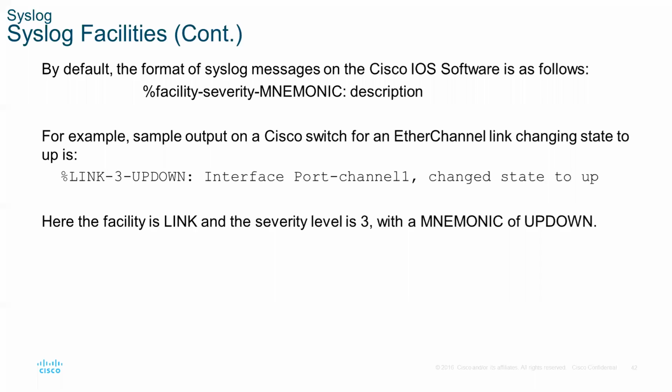So if a switch ether channel went down, for example, it's a link, it's a level 3, and it's a change from up to down, and it was interface port channel 1, and it changed state to up. So the facility is the link, severity is 3, and the mnemonic was up down. So it's a change in status of the link.